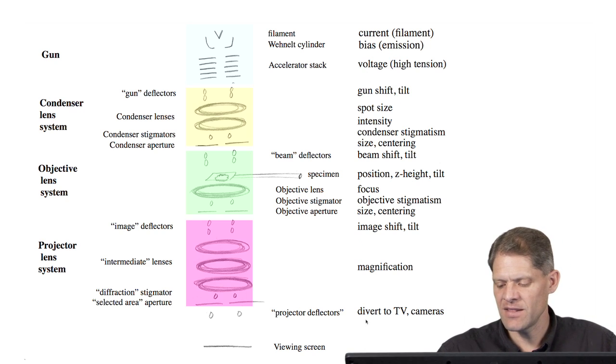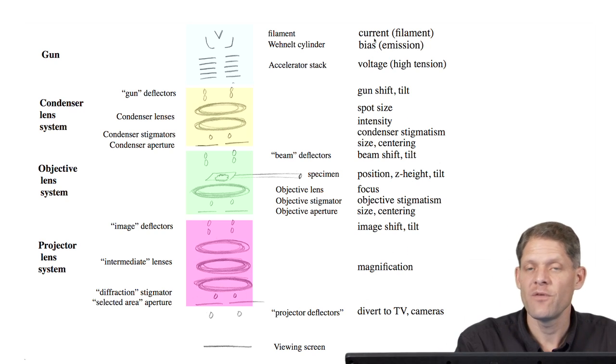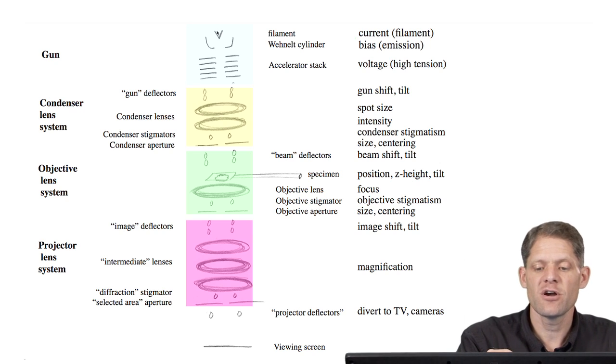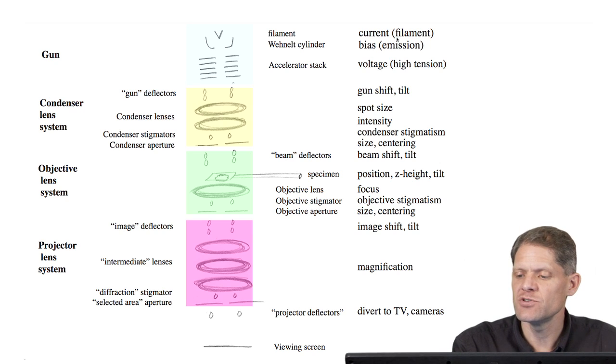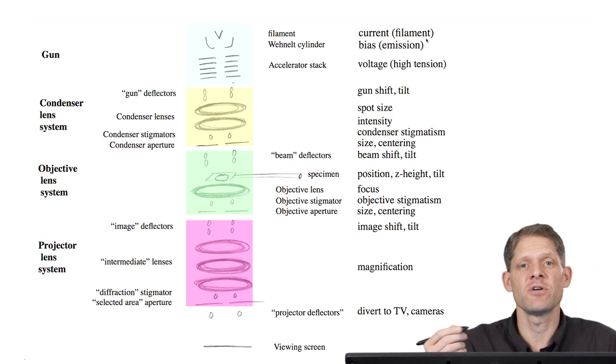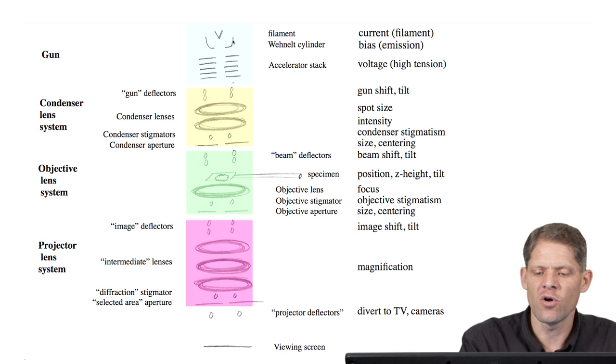Here, I've added the names of the parameters and the knobs that you get to change on the electron microscope. The first thing you can control is the current passing through the filament, which also controls how hot it gets. And that knob is usually called filament, or that parameter in the software is often called filament. Next, you can control the voltage difference between the Wehnelt cylinder and the filament.